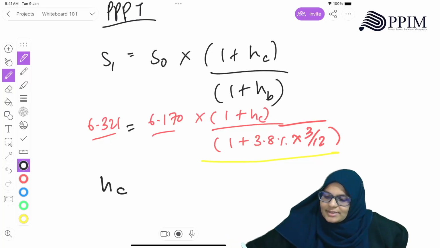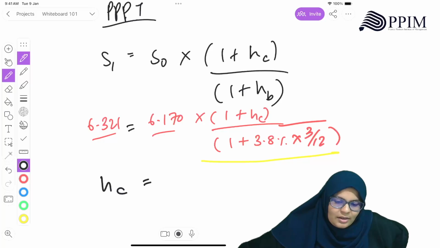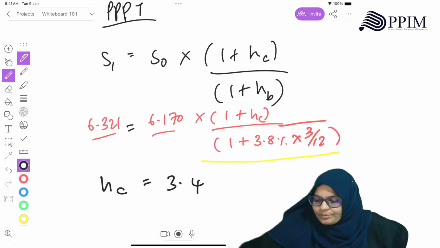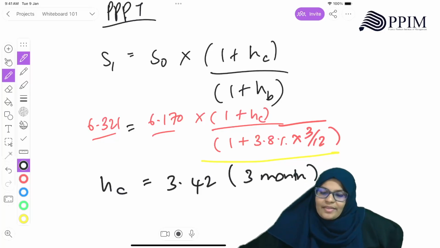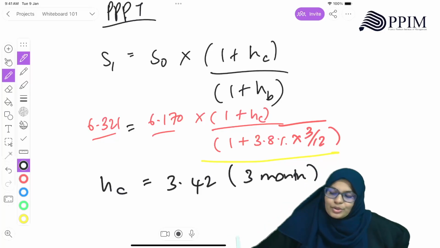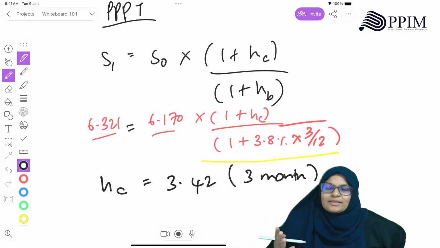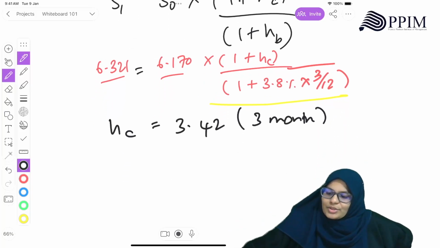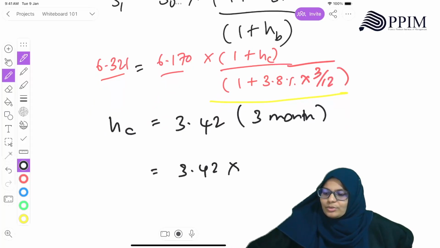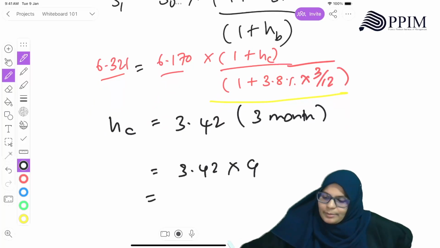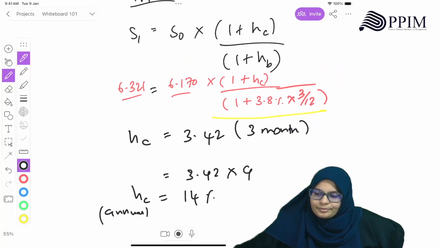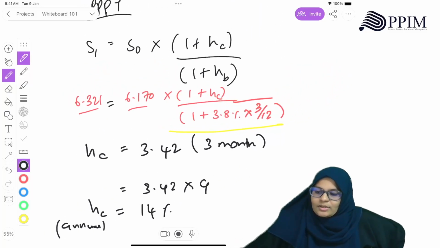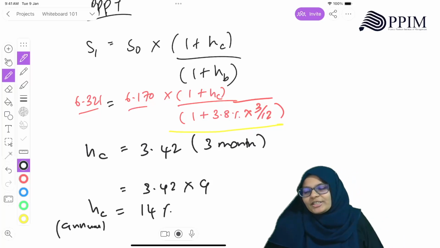So HC should be 3.42. But remember, this is a 3-month inflation rate. They are asking for the annual rate, so you need to multiply this by 4, because there are 4 quarters in a year. So 3.42 times 4 will be close to 14% HC annual. Got it? So that's how you get the inflation in that other country.